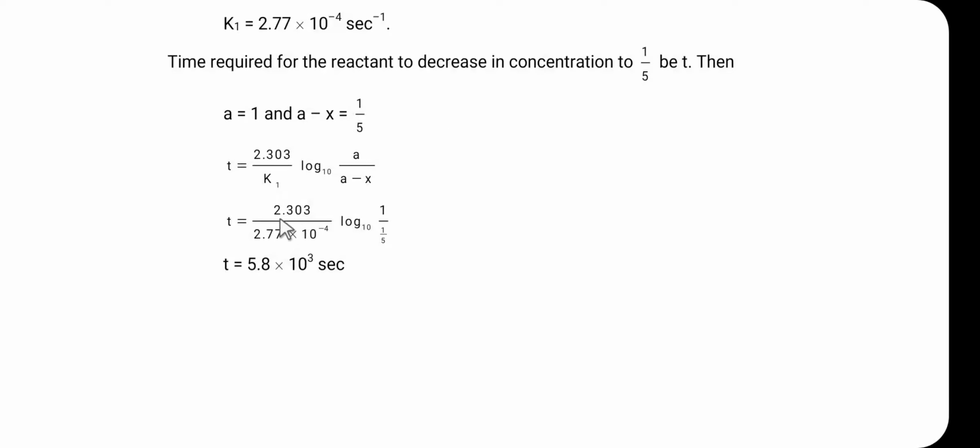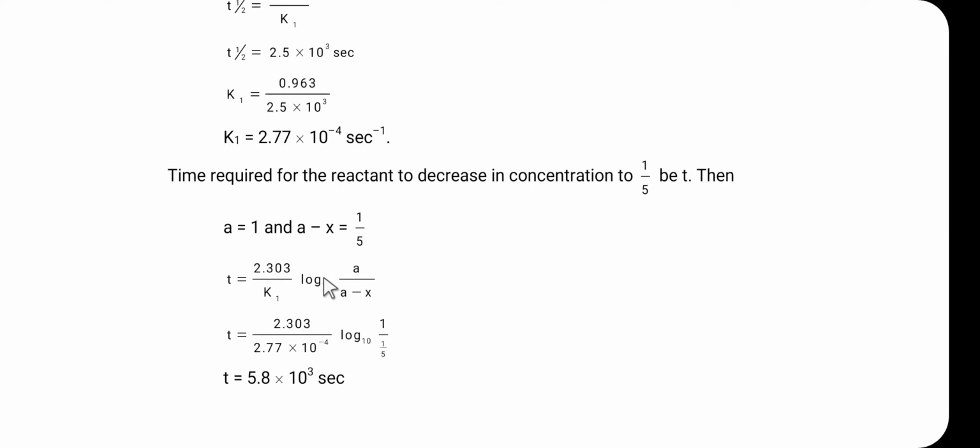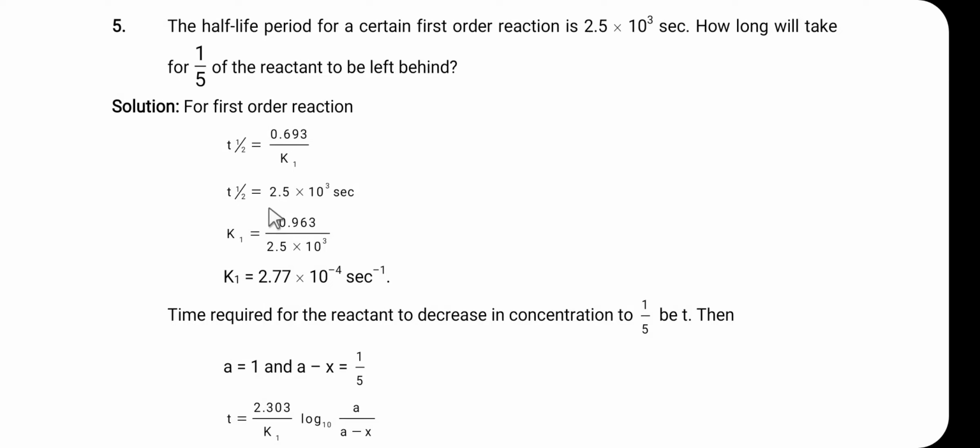So, here t is equal to 2.303 divided by 2.77 into 10 raised to minus 4 log of 1 upon 1 divided by 5, and finally t is equal to 5.8 into 10 raised to 3 seconds. That means here 5.8 into 10 raised to 3 seconds will be required for 1/5 of the reactant to be left behind.